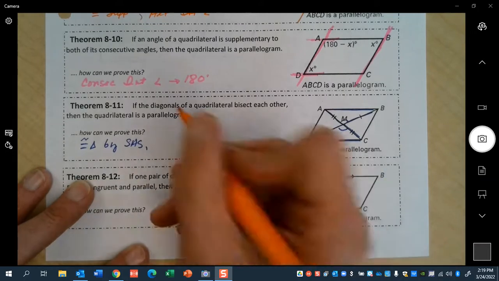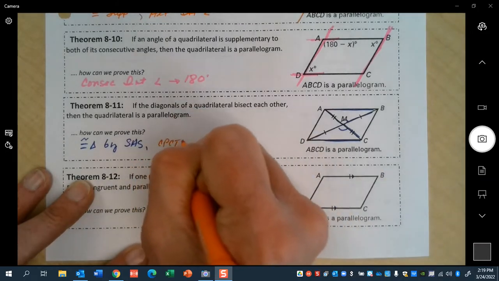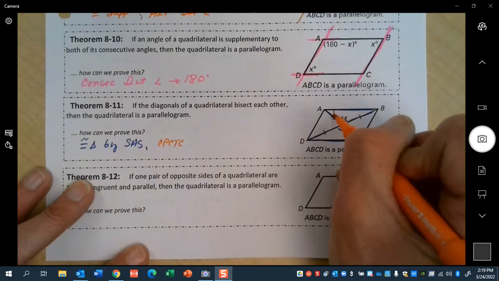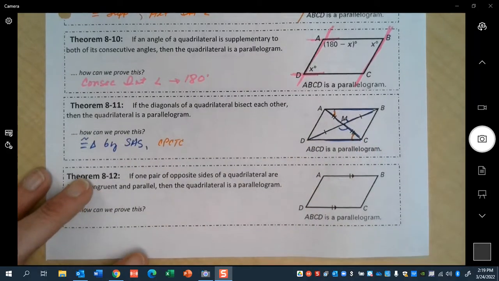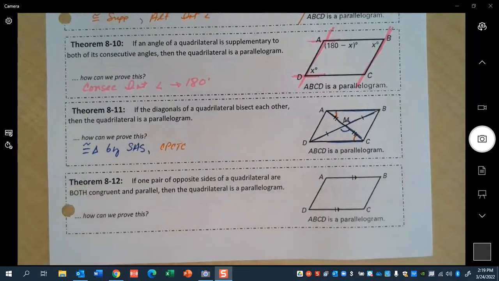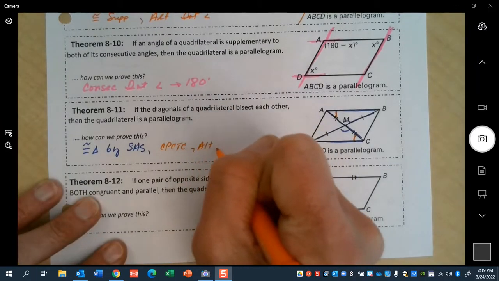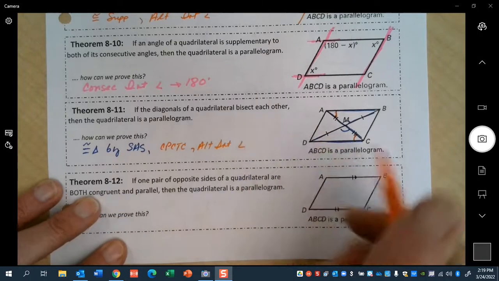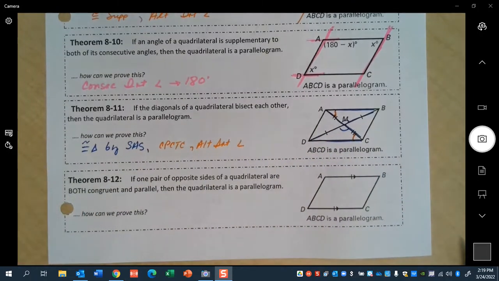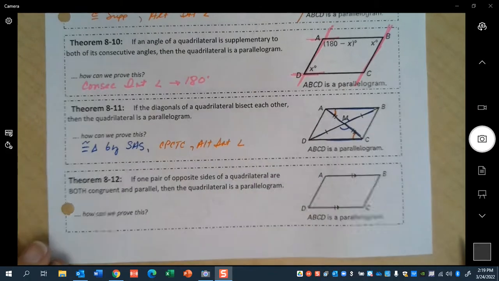Then they used CPCTC to get this set of alternate interior angles. Once they get that set, they can repeat that whole process with the other two smaller triangles, and then they can get those same conversations necessary to prove our other two sides.